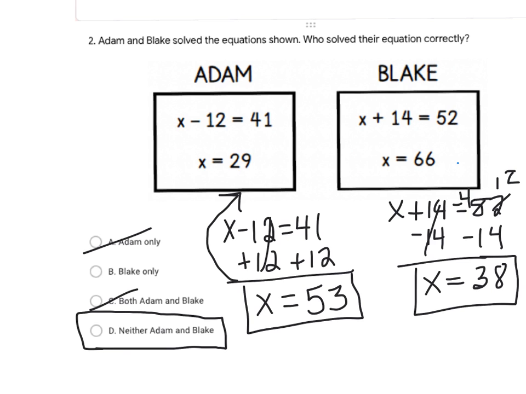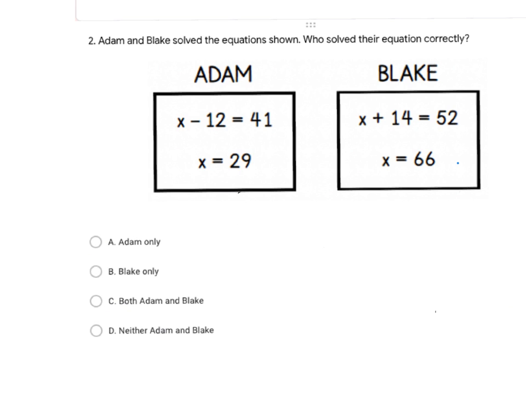But I want to show you another way that you could solve this. Let's see if I can erase this. Another way that you can attack this problem is to say, all right, if Adam thinks his answer is 29, then when I plug in 29 for x, 29 minus 12 should give me 41.